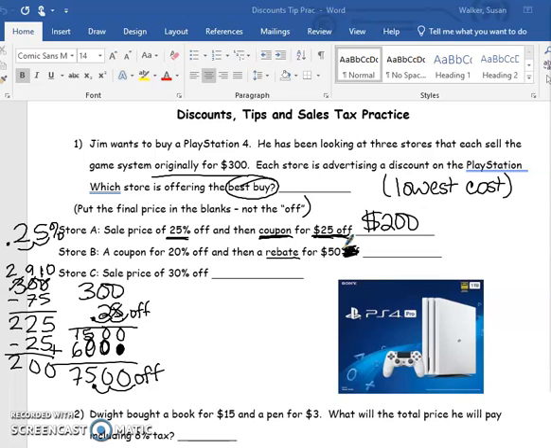The only difference here is generally you would figure out the tax first, which we're not dealing with tax. So that's the only thing that's different, is if I use a coupon, I get charged tax on this.